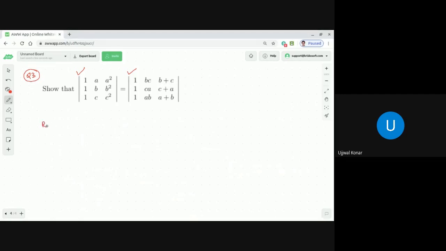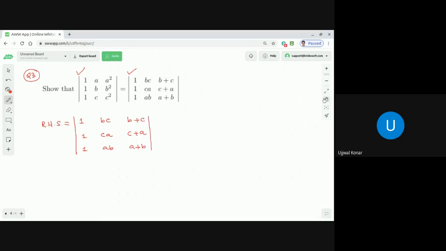So I can write RHS is equal to 1 BC B plus C, 1 CA C plus A, 1 AB A plus B. That is the right hand side determinant.